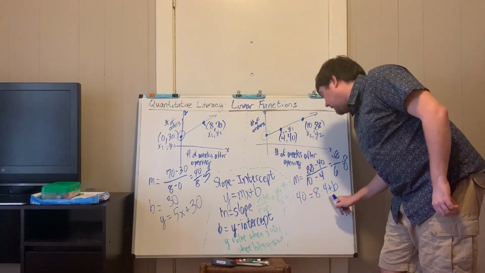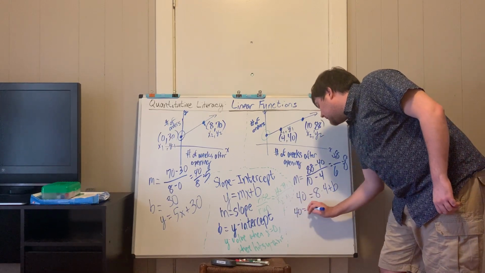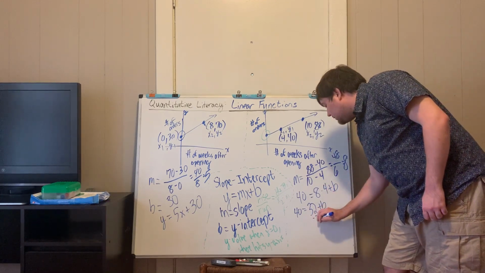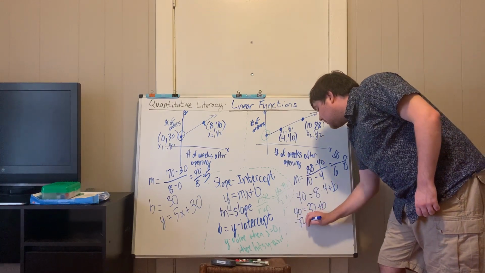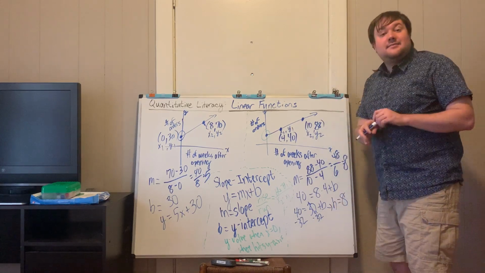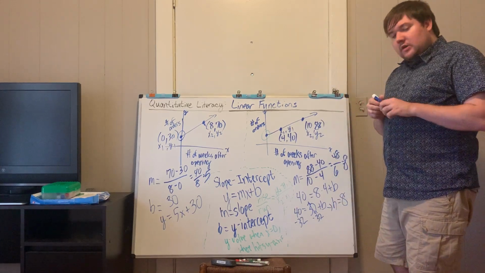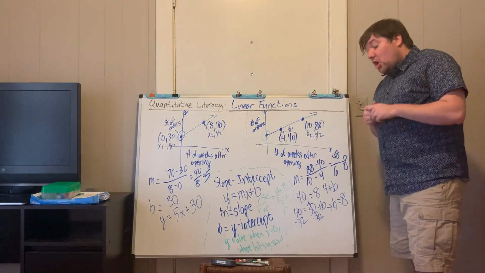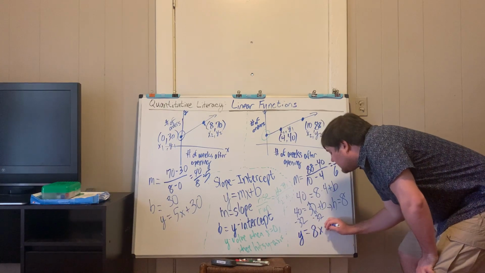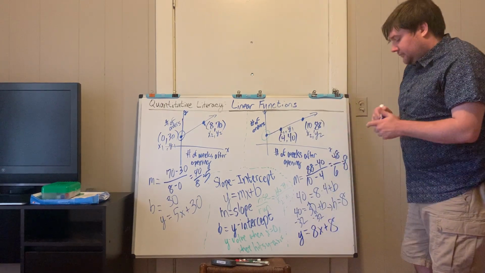So in this case, 8 times 4 is going to give us 32. And if we subtract 32 from both sides, we're going to get that b is 8 as well. So that means our overall equation in this case is y is 8x plus 8.